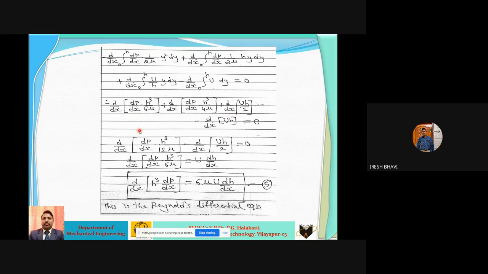Now upon some simplification, we get d by dx of dp by dx into h cube minus 2 h cube by 12 mu into bracket complete, minus d by dx of u into h by 2. If I send it to the RHS side, it will become d by dx of this quantity is equal to u into dh by dx.